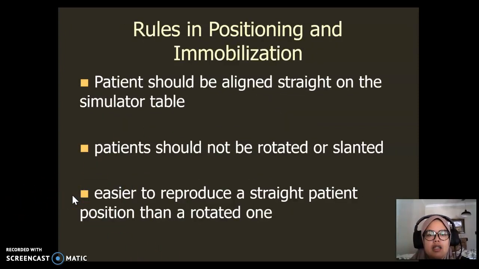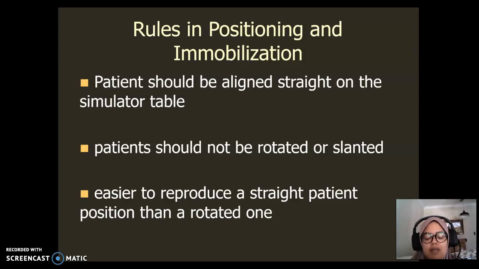Okay. You need to make sure that the patient is aligned straight on the simulation table. This will make the alignment of the patient much easier, and the patient should not be rotated or slanted. That's why after each positioning during the simulation, we need to check the alignment of the patient.